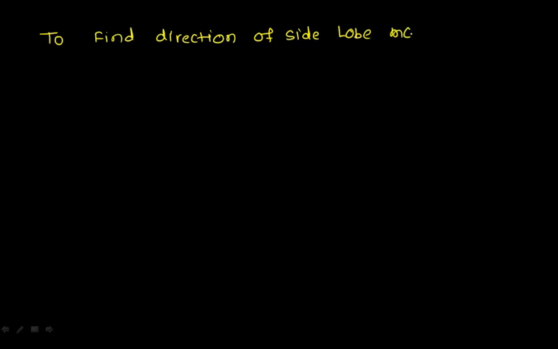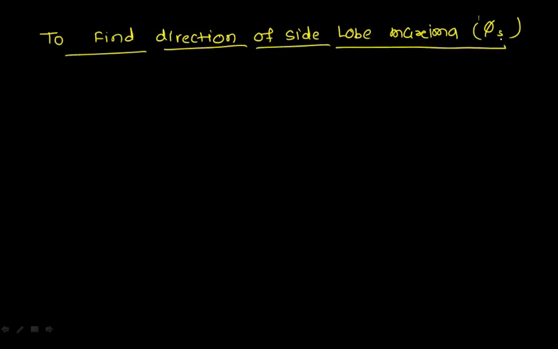So I can write this side lobe, I'm considering it, you can just denote it with psi s, because we have considered the major lobe as psi m, so I'm just representing it as psi s. So the side lobe or a minor lobe maxima occurs approximately when the numerator attains its maximum value. So I can say sine of n psi by 2 attains a maximum value of plus minus 1.